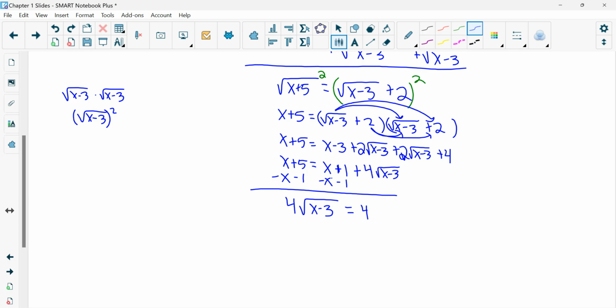There's the 4, right? So we got to get rid of that 4 still. It's 4 times, so we undo multiplication with division. So now that the 4's cancel, now yes, that radical is isolated. And we would have 4 divided by 4 is 1.